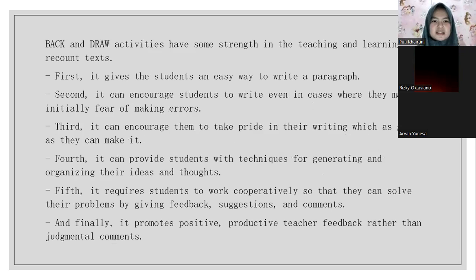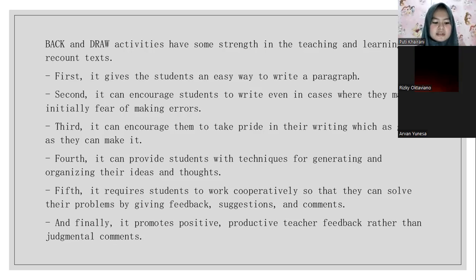BACKDRAW activities have some strengths in teaching and learning, for example, of recount text. First, it gives students an easy way to write a paragraph. Second, it can encourage students to write even in cases where they may initially fear making errors. Third, it can encourage them to take pride in their writing, making it as good as they can.